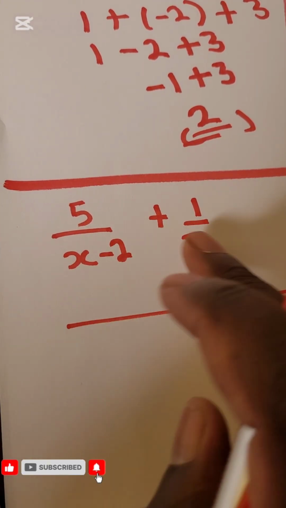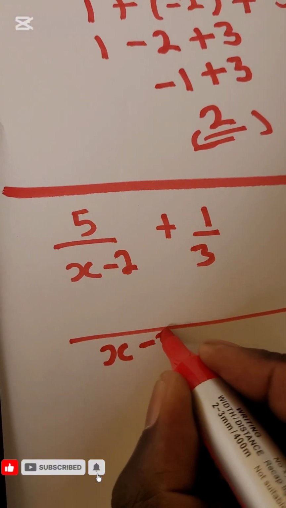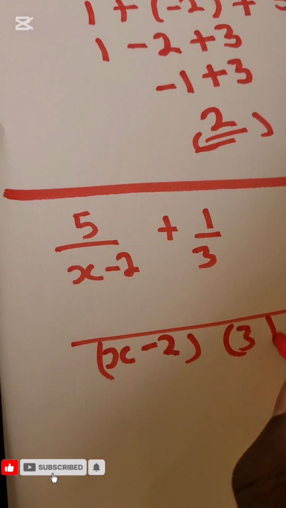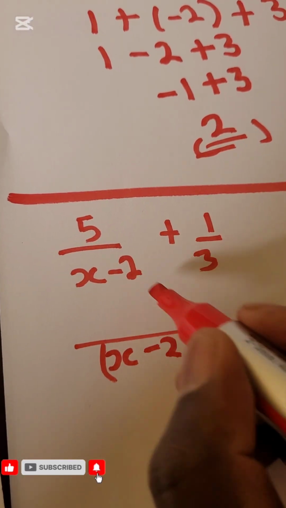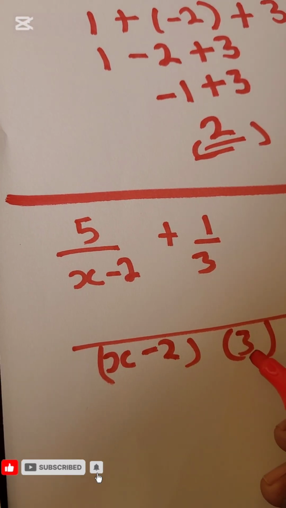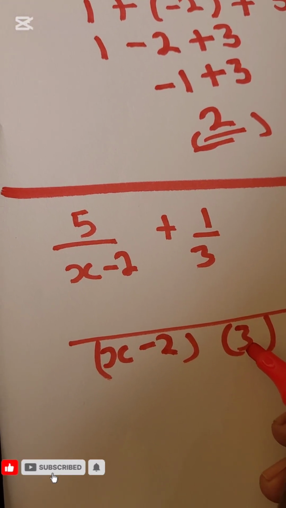So these are unlike denominators. We are going to write them all: x minus 2 and 3. Okay, so x minus 2 into x minus 2, that's 1. So we are left with the other factor of the LCM, which is 3.